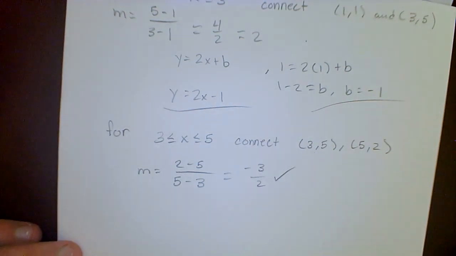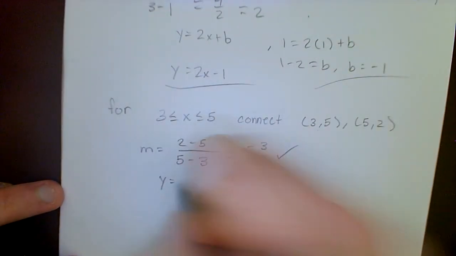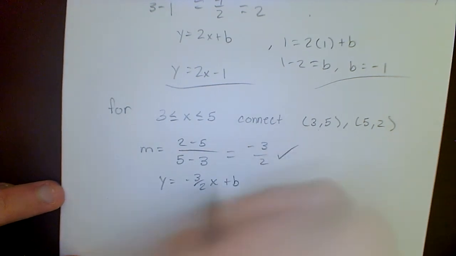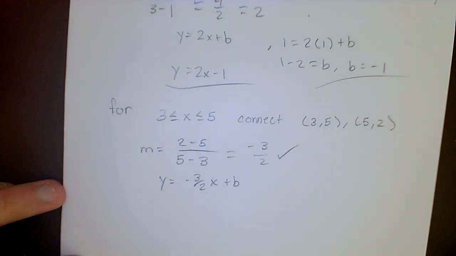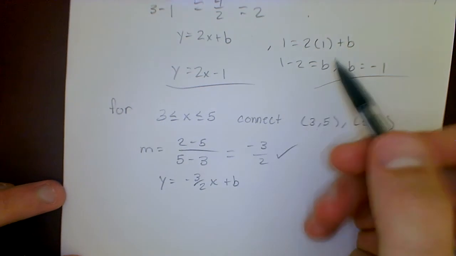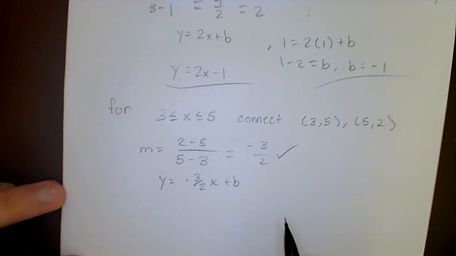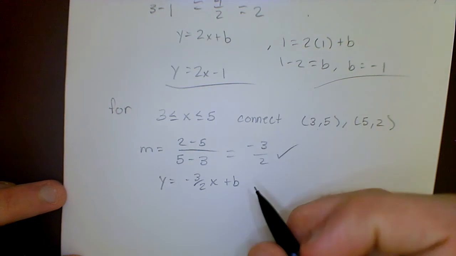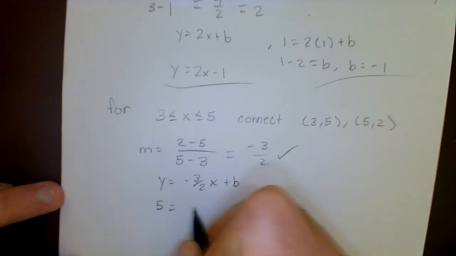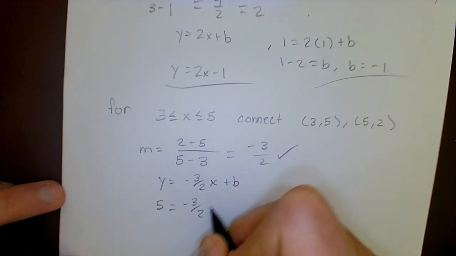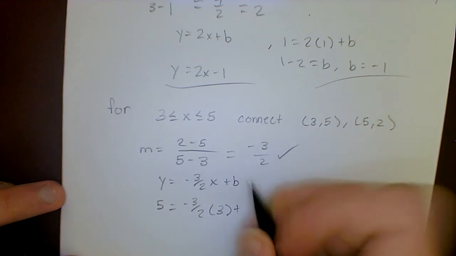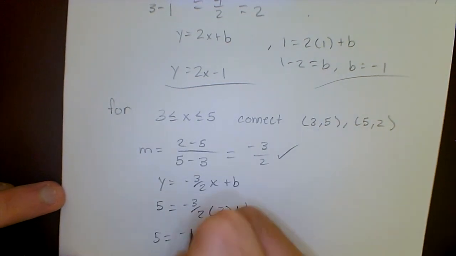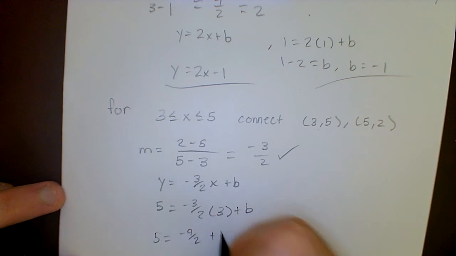Okay? So now here we have y equals negative 3 over 2x plus b. And it's not the same b, right? This is going to be different. So now I can pick either of these points and plug it in here. So let's do the first one. So 5 has to be equal to negative 3 halves times 3 plus b. So this is 5 is equal to negative 9 halves plus b.